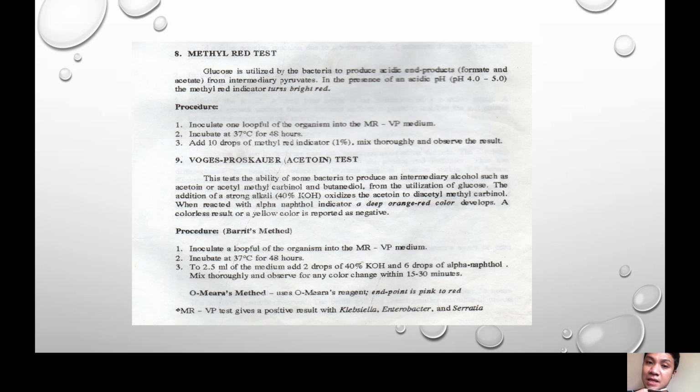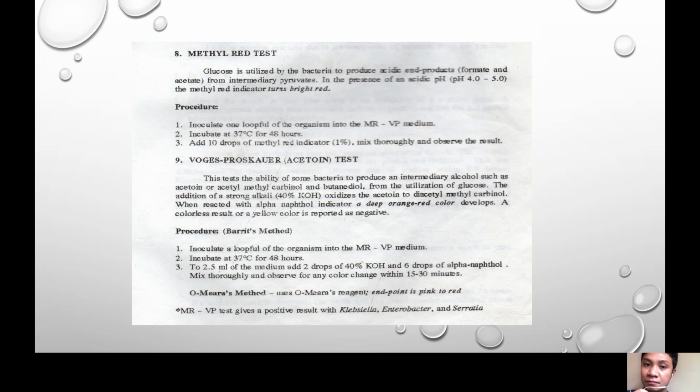And that's the principle of your methyl red test that would identify here the mixed acid production. Your culture media here is in the form of your methyl red Voges-Proskauer medium. All you need to do is just inoculate your bacteria, incubate at 37 degrees Celsius for 48 hours. After that one, you add 10 drops of your methyl red and observe here for the red color.